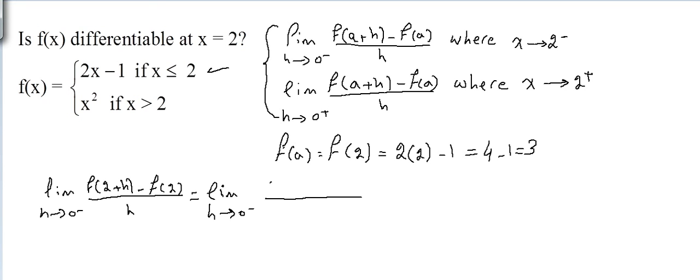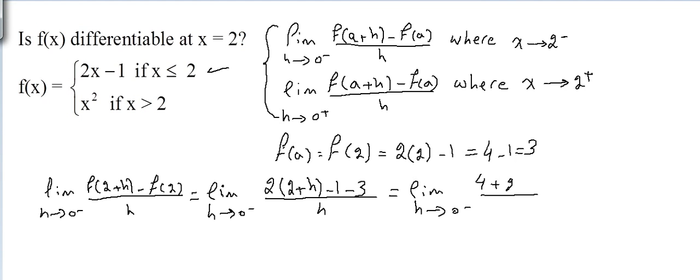It's 2 times 2 plus h, minus 1, minus f of 2, which we found as 3, over h. This equals the limit as h tends to 0 minus of 4 plus 2h, expanding, minus 4 over h, which equals the limit of 2h over h. We can cancel the h. The answer is 2. This is at 0 minus.